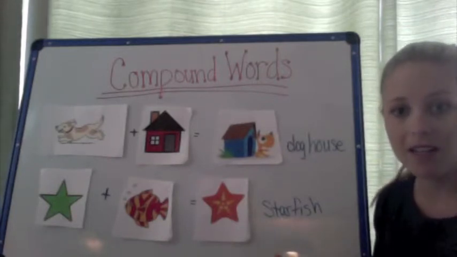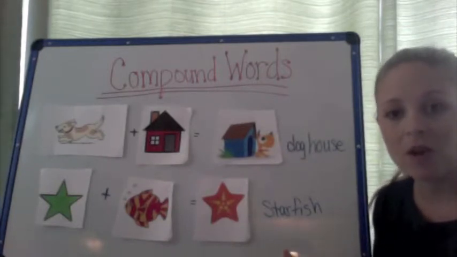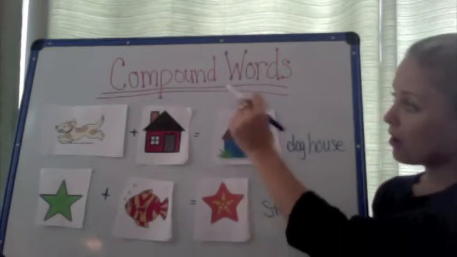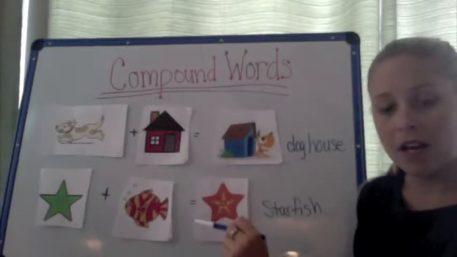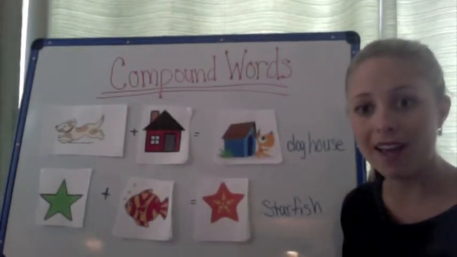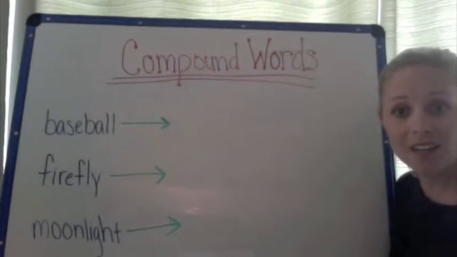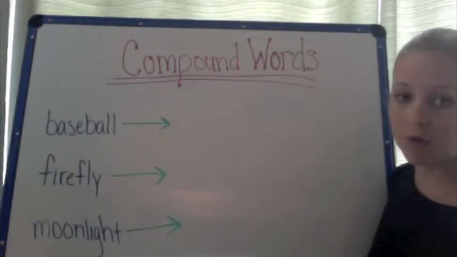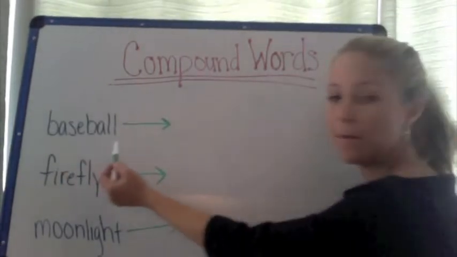Very good. Now what we're going to do is we're going to have compound words written on our board and we're going to separate them and we're going to figure out which two words made up those new words. Okay? So get ready. Here we go. So this first word is baseball.